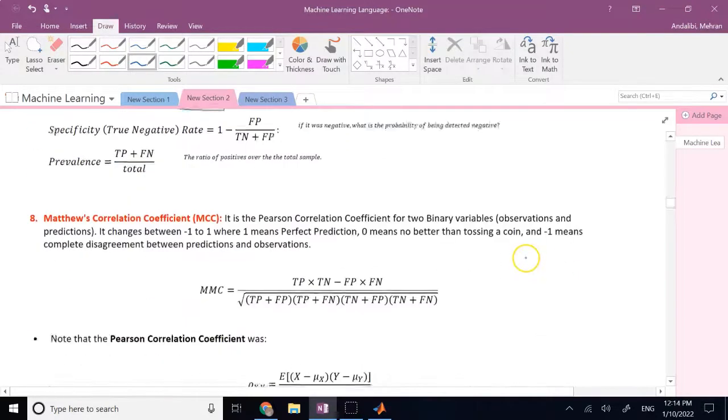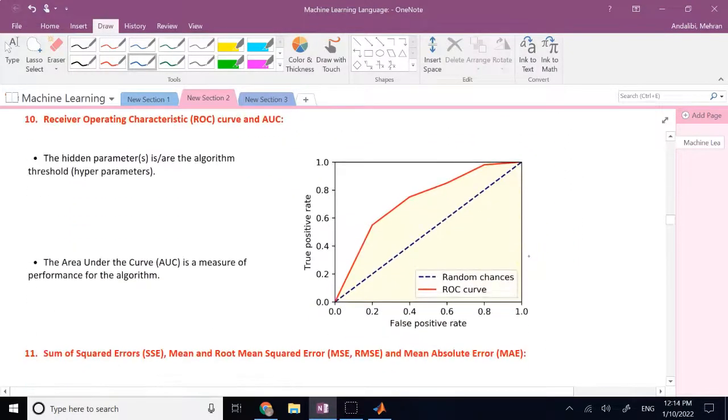Correct? So if I want to write them for you on this graph, the horizontal axis is false positive over false positive plus true negative. And this one was true positive over true positive plus what?